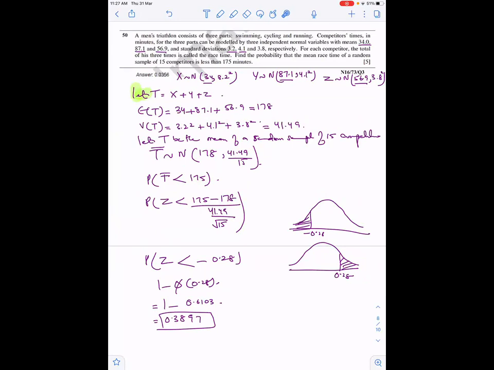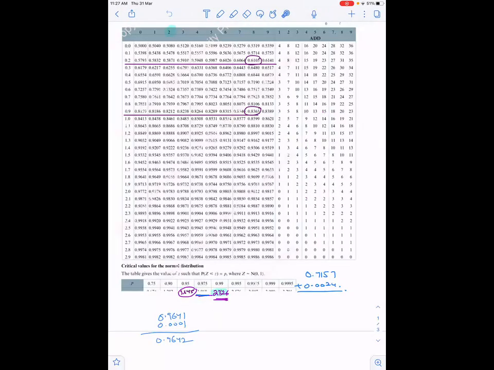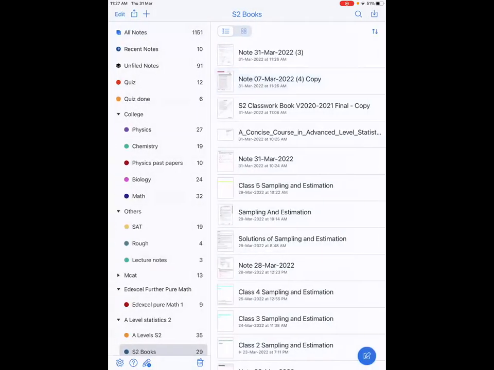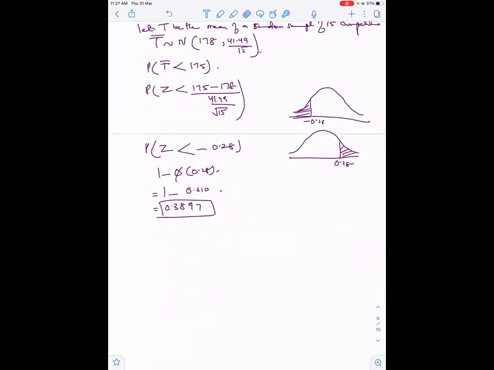You're getting a slightly different answer. One minute, let me check this again. 0.28, 6105. What did I write? I wrote 6103, sorry. But still, this won't make such a big difference.